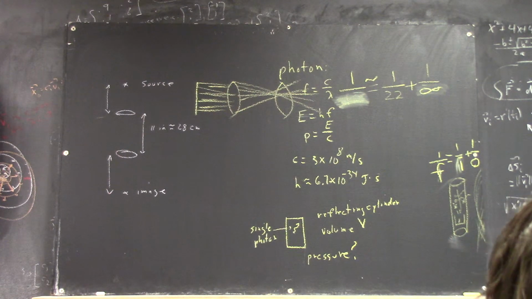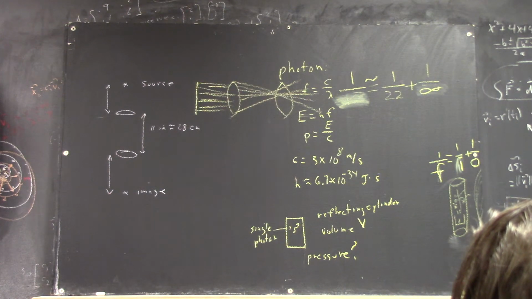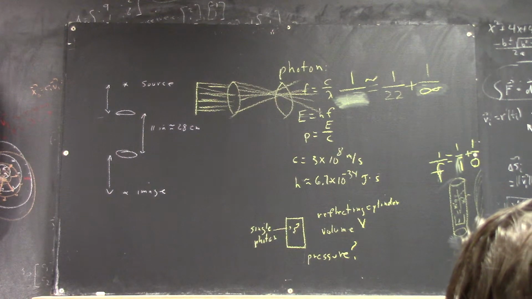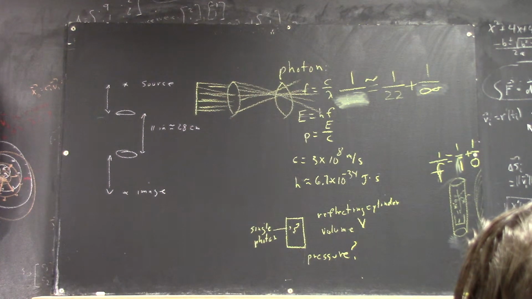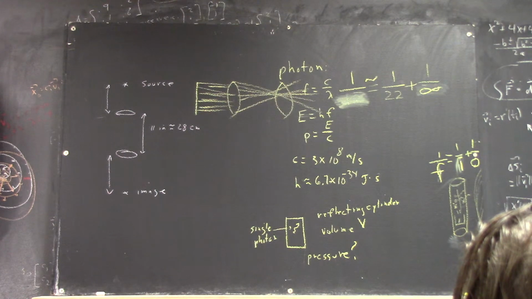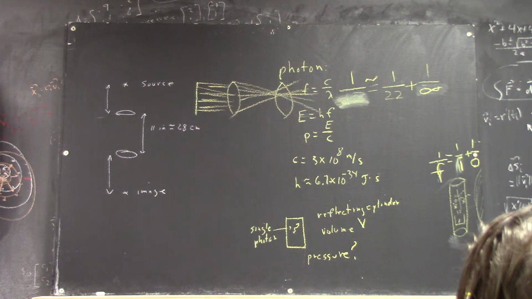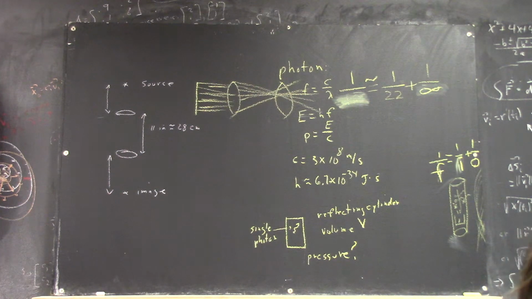The other way is to put your object at the focal distance, which does what to the image distance? Makes it infinite.